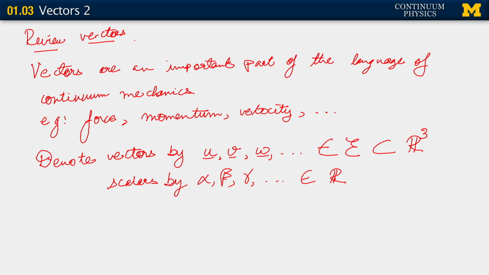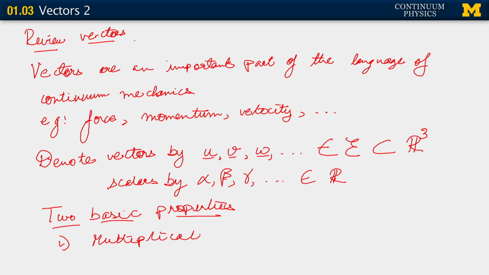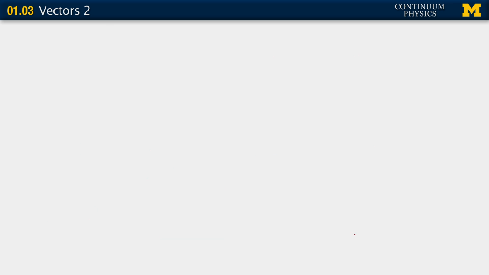Okay, let's move on. We're going to look at two basic properties of vectors. The first property is what we will call multiplication by a scalar. So how do we do this?